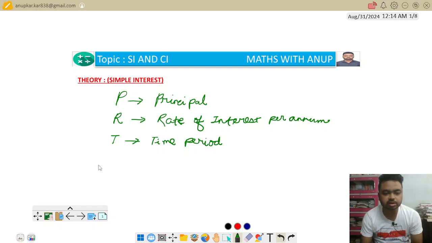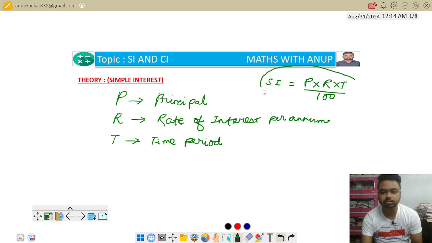We are going to understand how this formula of SI, simple interest, which we all are aware is P into R into T upon 100, comes about.